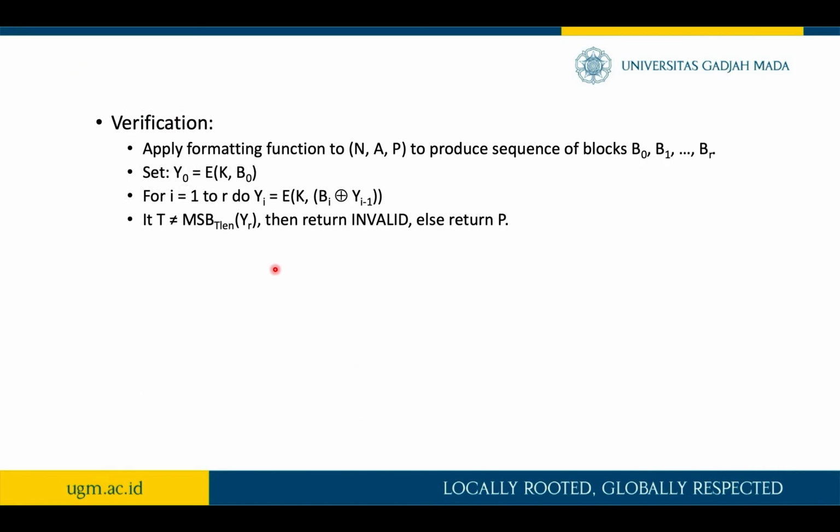And for the verification, we produce here a sequence of blocks P0 to PR. P0 to PR consists of the nonce, then the associated data and the plain text. After that, we generate the message authentication code using the CMAC algorithm here.